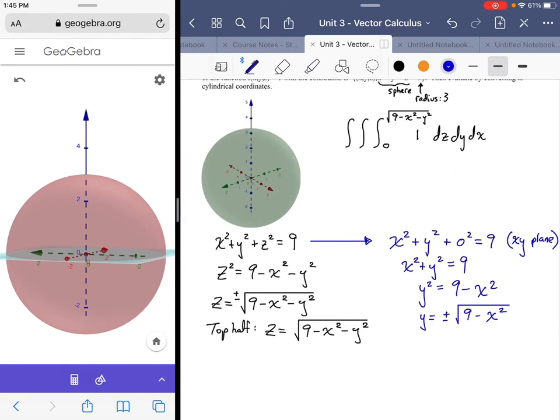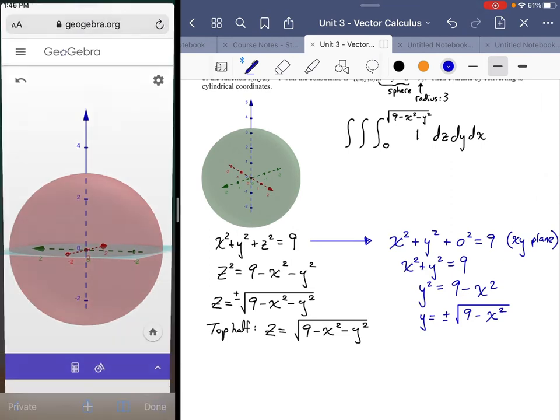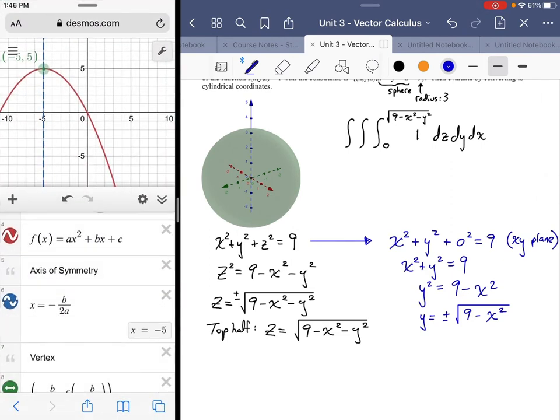Now we have really the same predicament we had before, which is to say, do I want to work with both the positive and the negative radical, or do I just want to work with one of them? So what I'm going to do is plot this. I'll use Desmos.